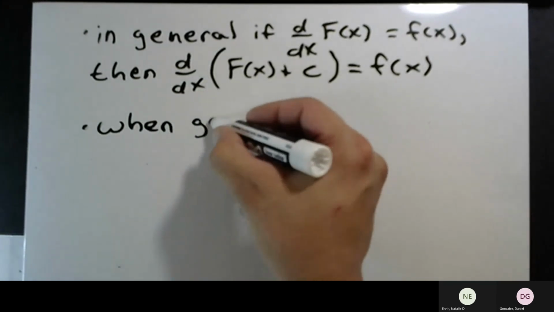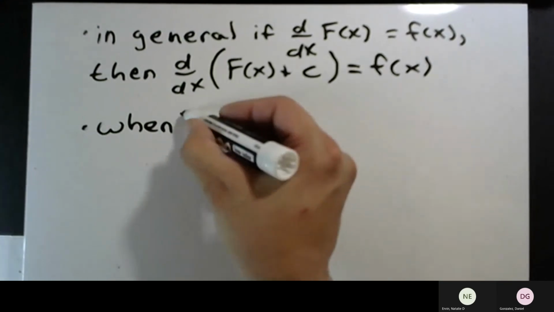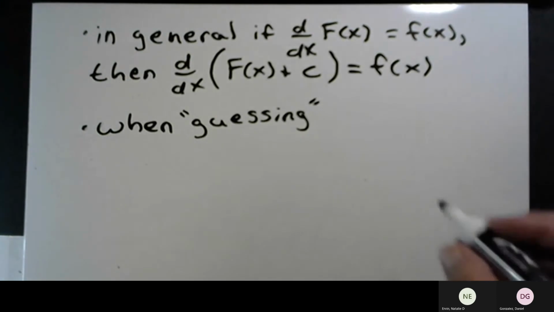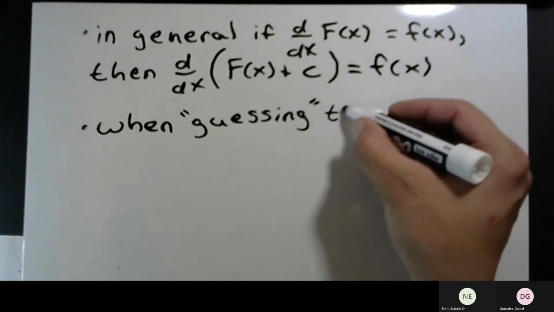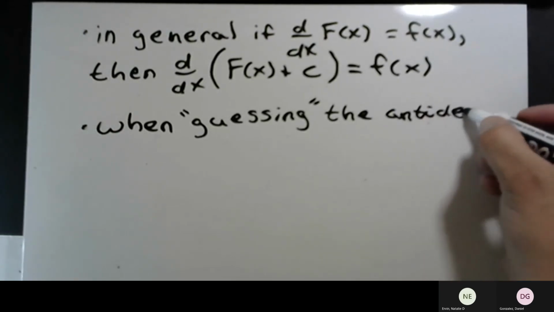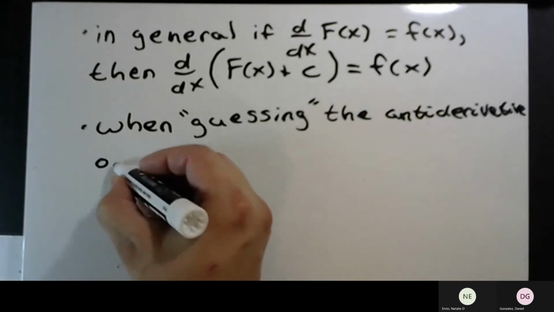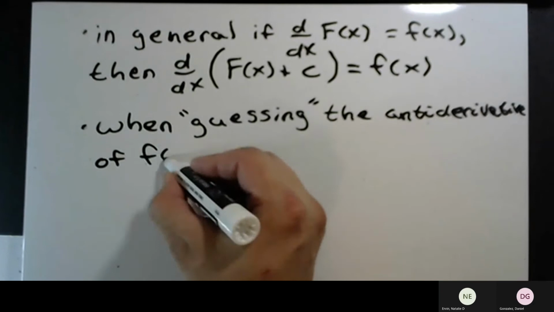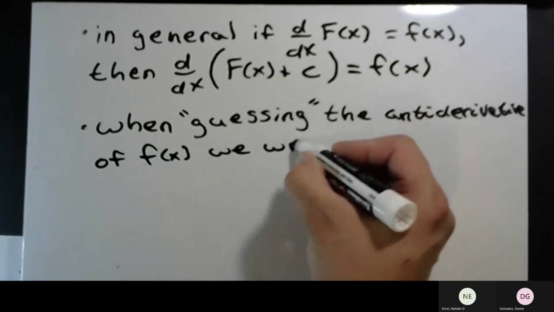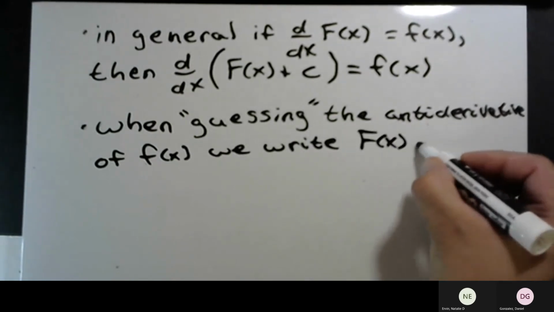So when guessing, in quotes, we really don't guess. We just look at our derivative chart backwards. But when guessing the antiderivative of f of x, we write capital F of x plus c.